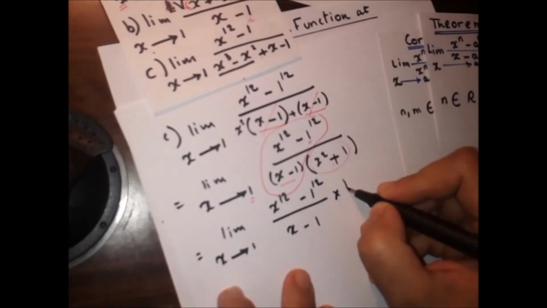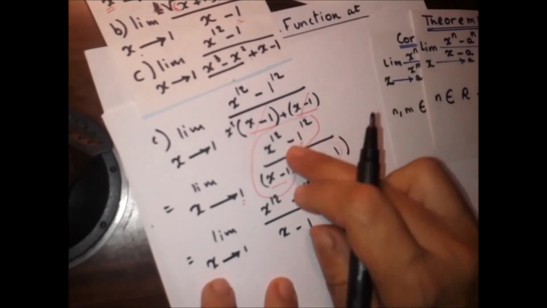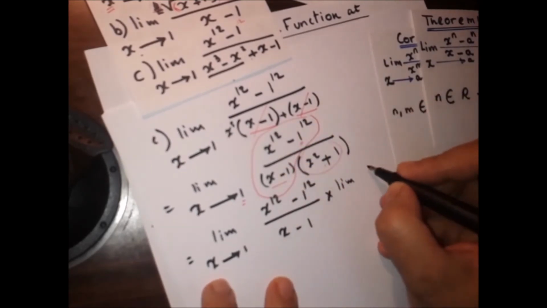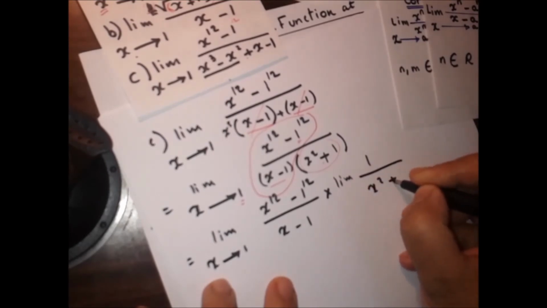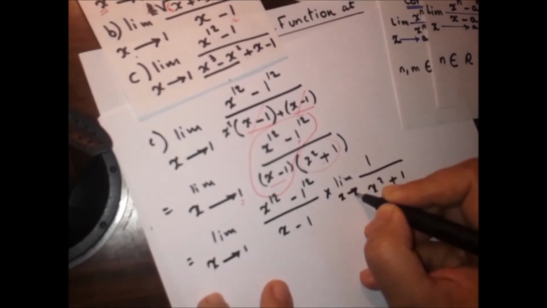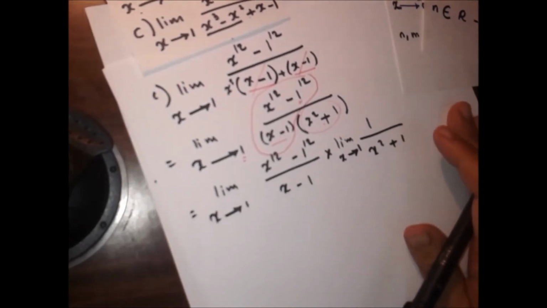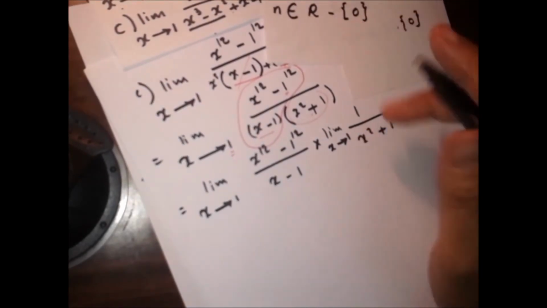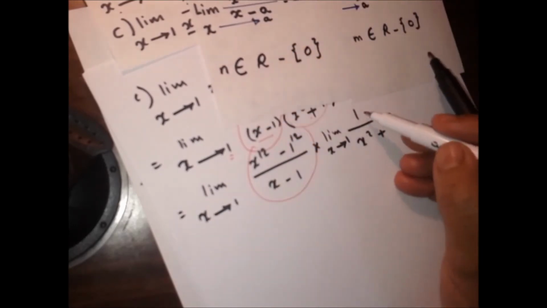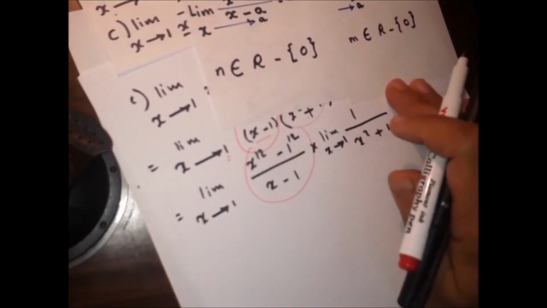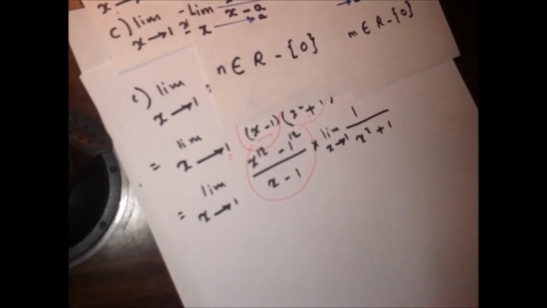So times limit of, we will separate it as a fraction, so 1 over x squared plus 1, of course, as x tends to 1. And the first part, we can do it by the theorem. In the second part, we will evaluate it by direct substitution.